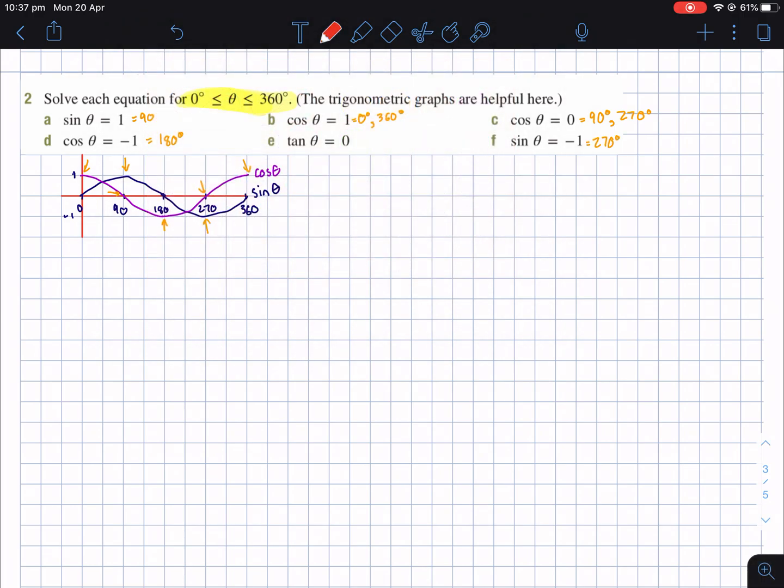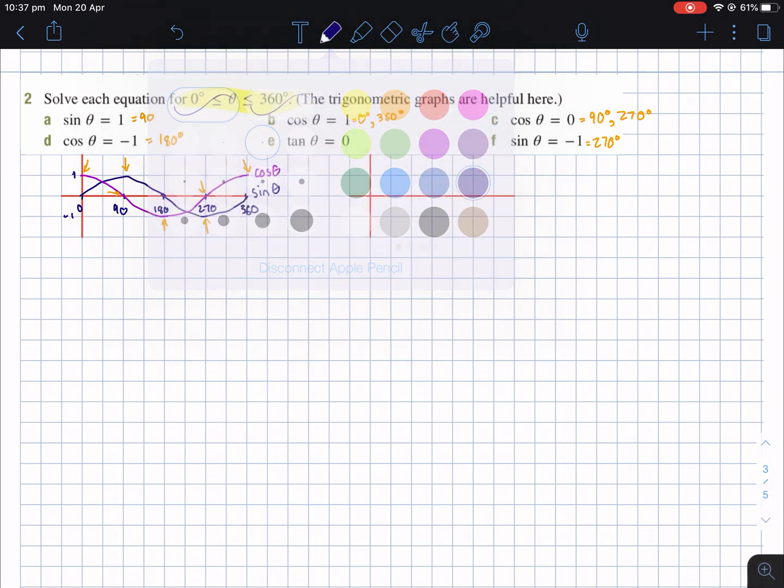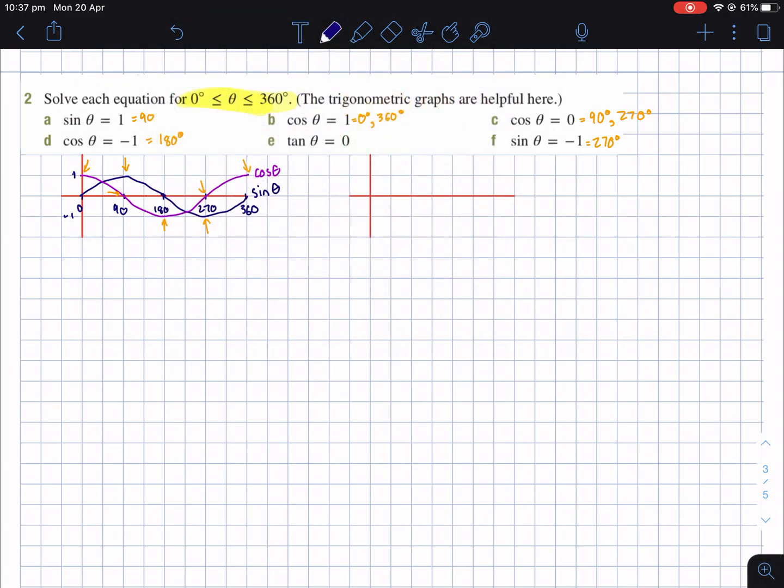If you want to know when tan theta, well, I haven't done anything for tan, I haven't helped you yet. Tan I haven't drawn because I hate it with a passion. Tan, this is 90, 180, 270, 360.